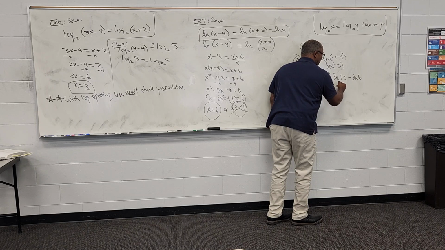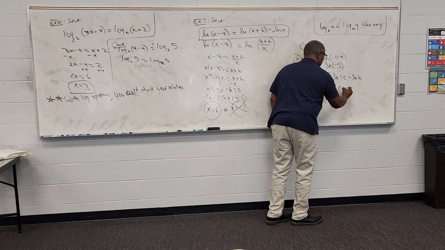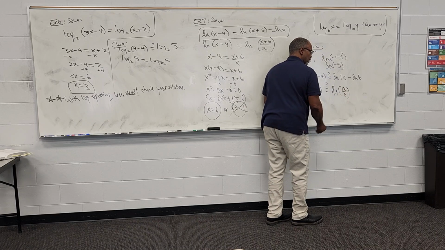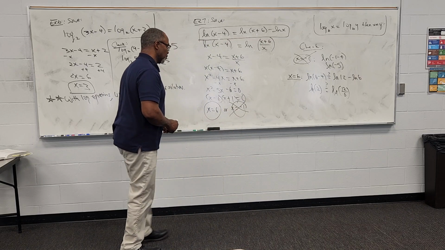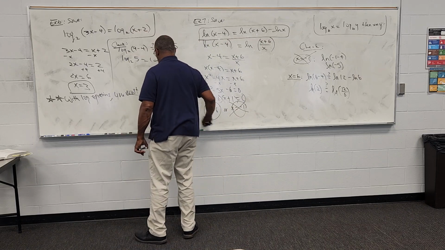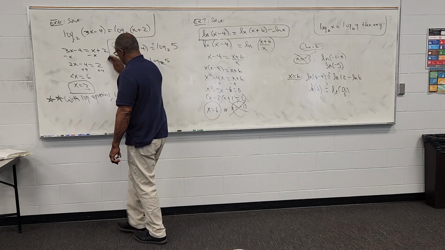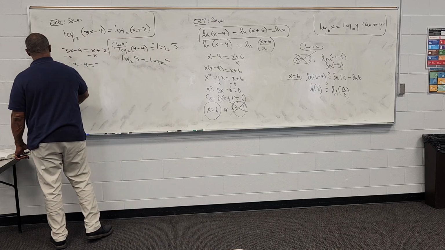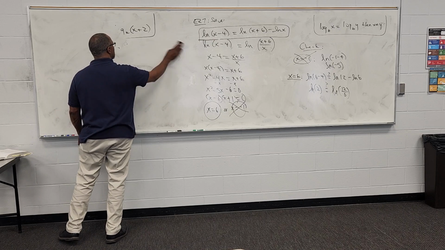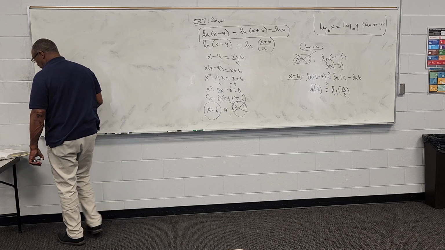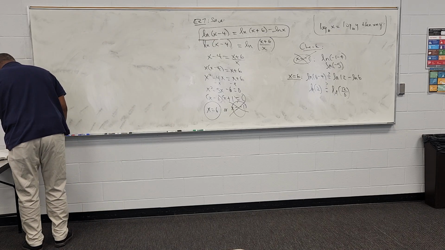The quotient rule says ln of 12 minus ln of 6 is ln of 12 over 6. But that's ln of 2, that's ln of 2, that's a good solution. So x equals 6 is a good solution. x equals negative 1 is no good. All right. So nothing hard about this.